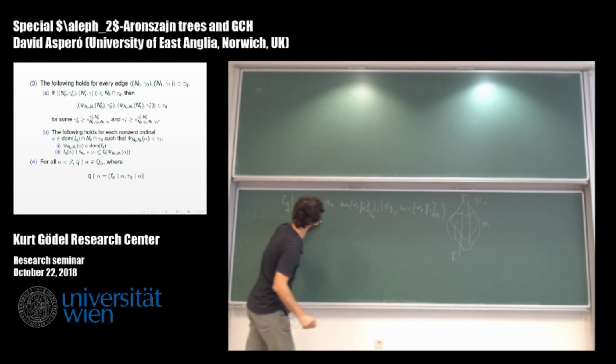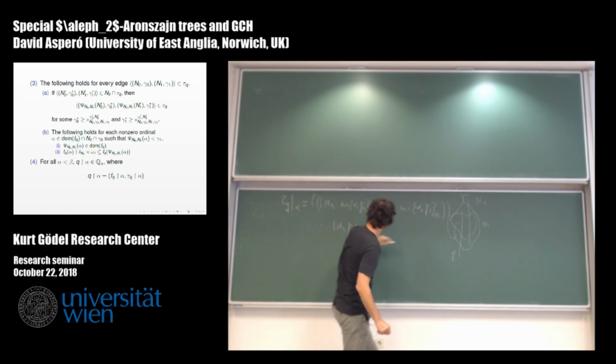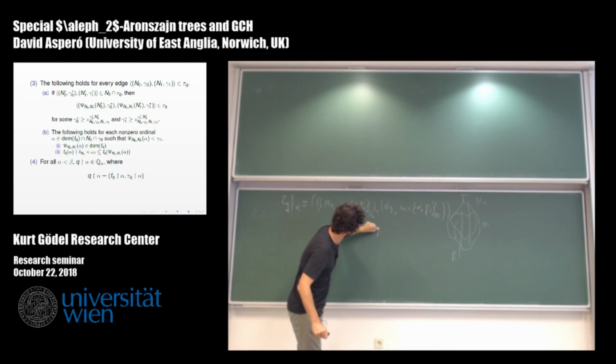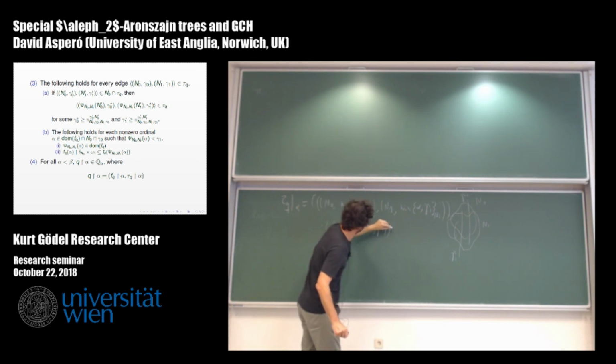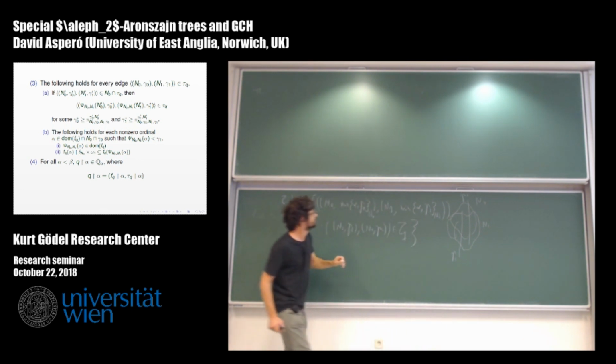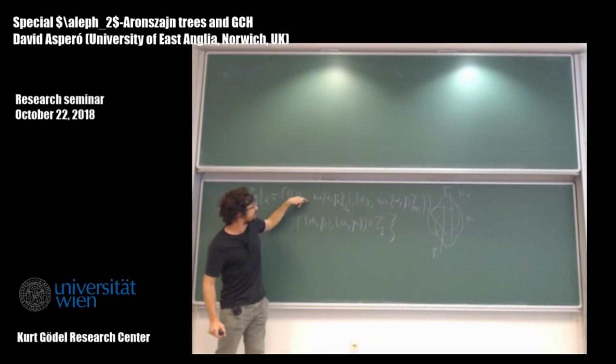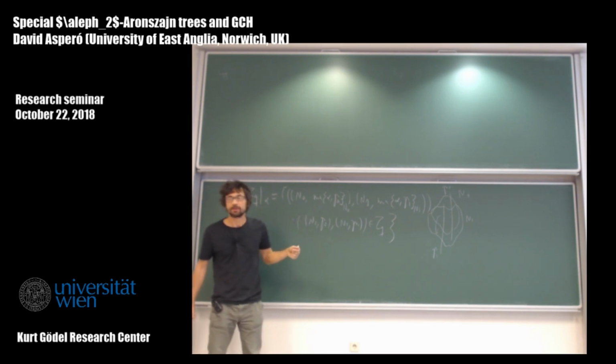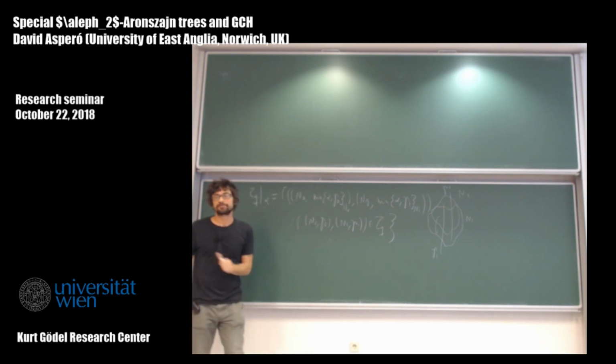So that's for whenever I have... okay, and this notation means, well, look at the highest ordinal in the closure of n0 intersection the ordinals which are less or equal than this thing.